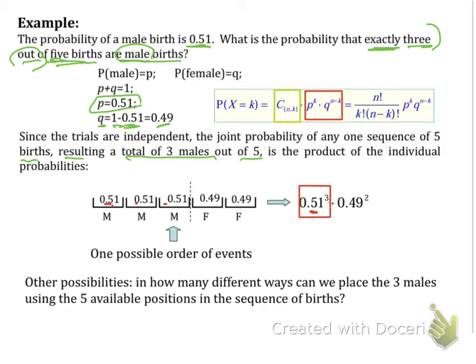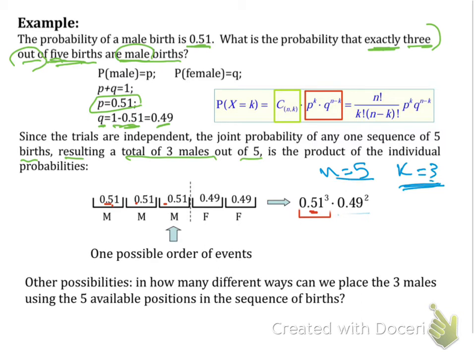The female has probability 0.49, and they have n minus k chances. I have total n equals 5, k equals 3.